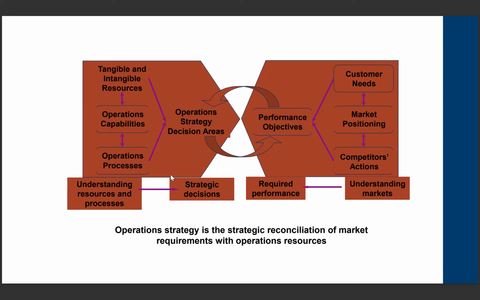Then we can make our strategic decisions, and the operation resources will define the operation strategy decision areas. According to the operation resources we have, it defines the operation strategy decision areas. And as I said, the relationship between these two, operation resources and market requirements, will define the operation strategy. That's what this is telling us.